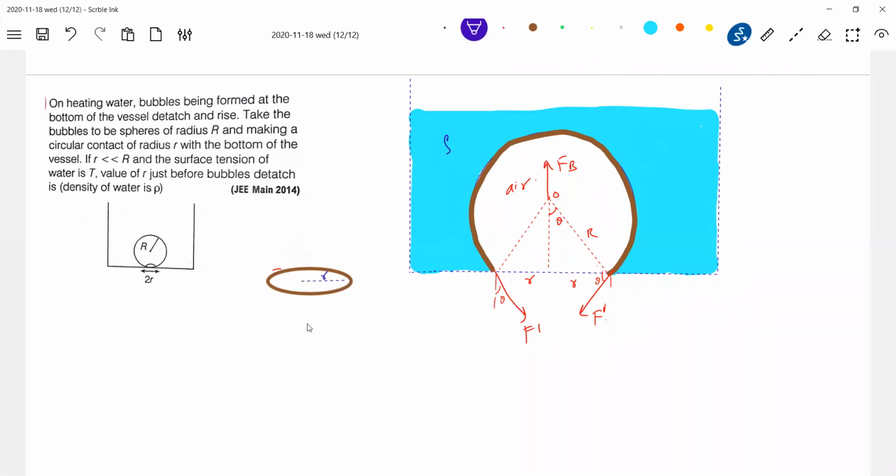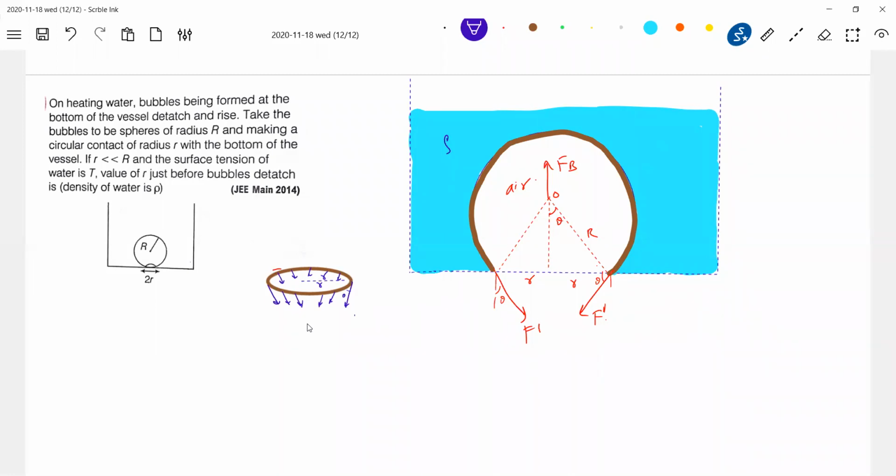We are showing that the force everywhere will be like this. I think more than this, nobody can draw the diagram. This is theta. And tell me, what is this radius? This is smaller, no? And then the perimeter of this is 2 pi r.